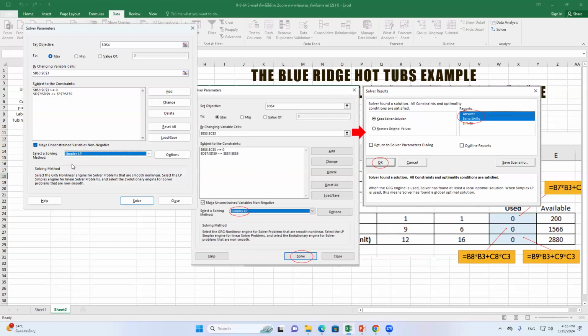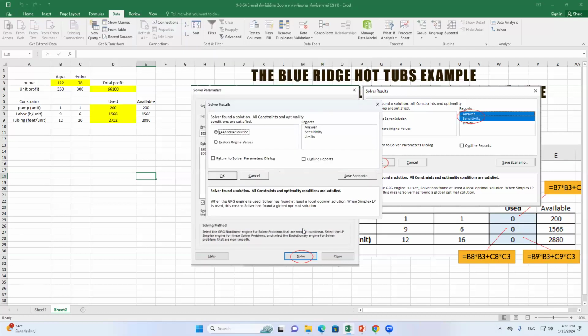This is a linear programming. And sometimes we would like the sensitivity answer. Okay, we can click OK.